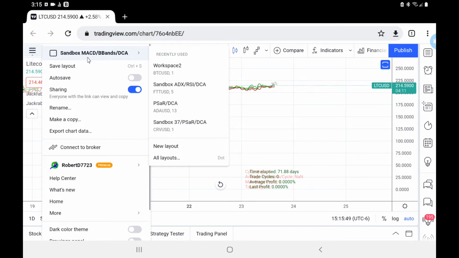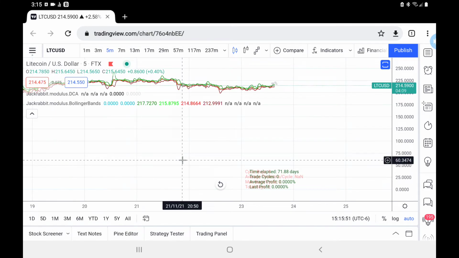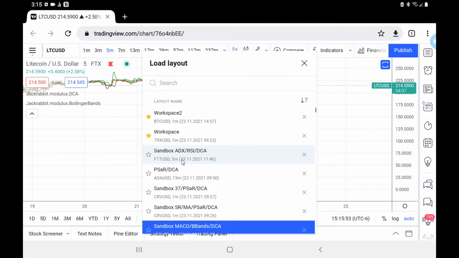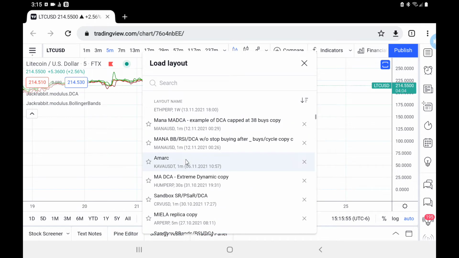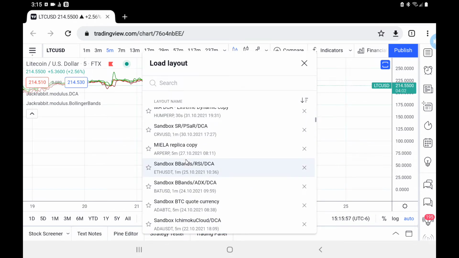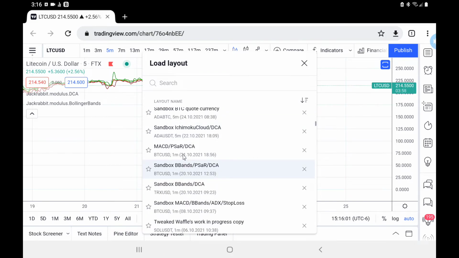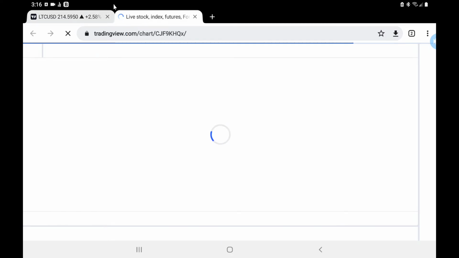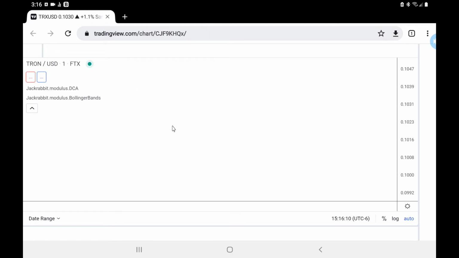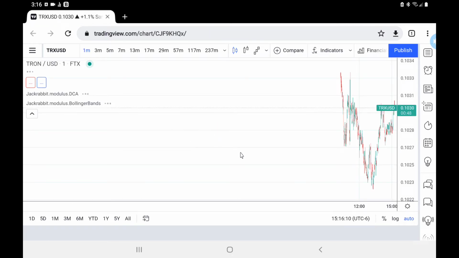Okay. Let's see. Let's try this one, and hopefully we will find something that we can use.